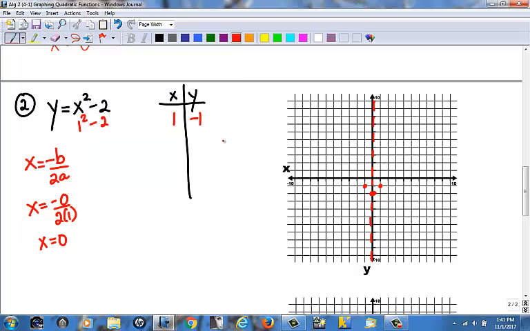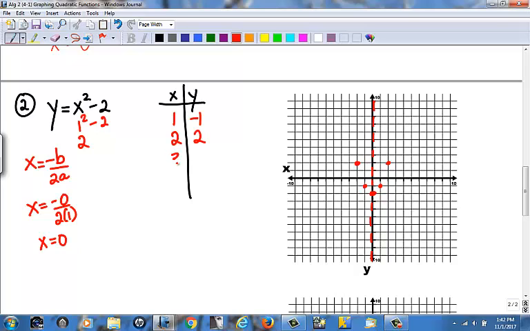Okay? And now let's go 2. 2 squared would be 4. 4 minus 2, 2. So 2, 2. So go 2 to the right and up 2. If that's 2 units to the right of the axis of symmetry, there's another one 2 units to the left.